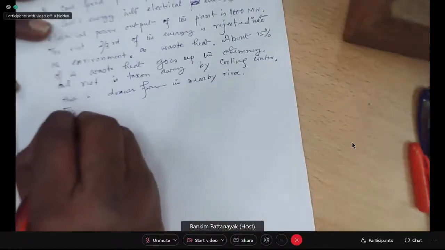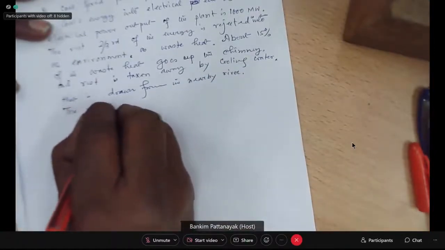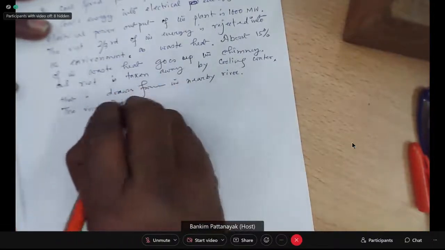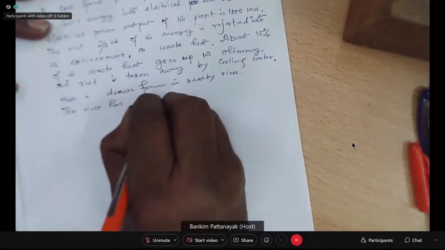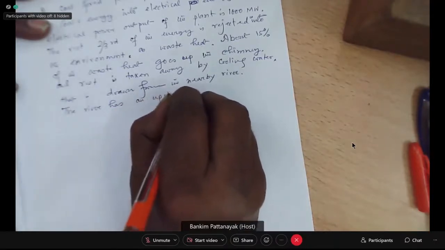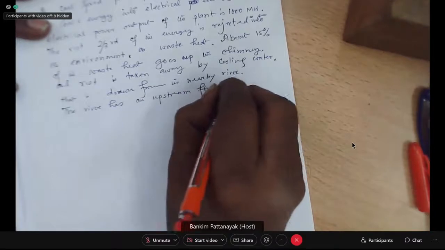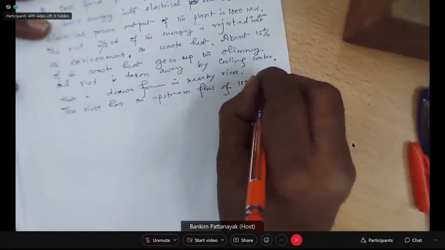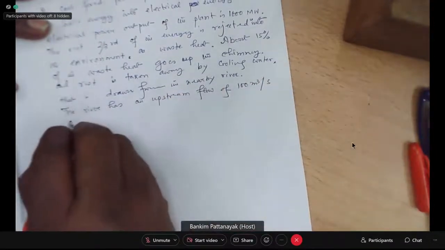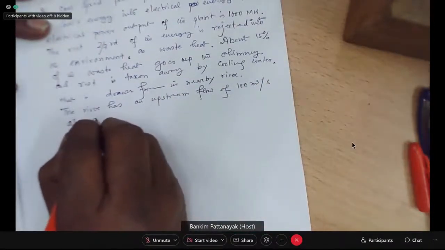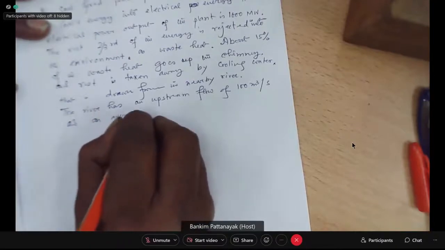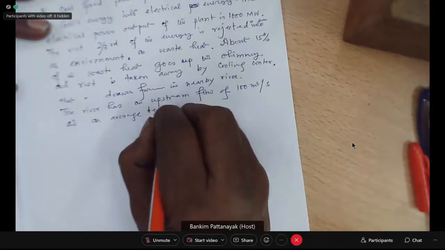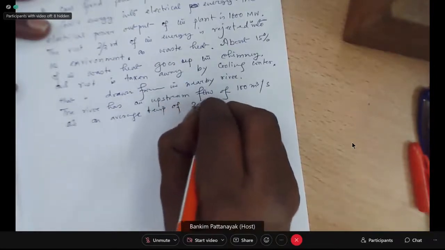The river has an upstream flow of 100 meter cube per second and an average temperature of 20 degrees centigrade.